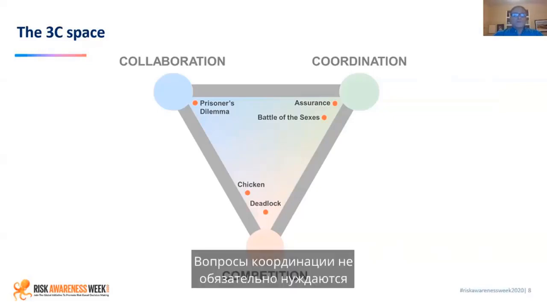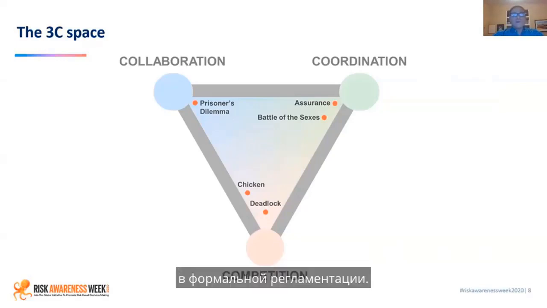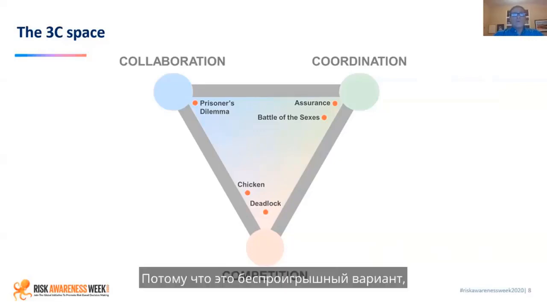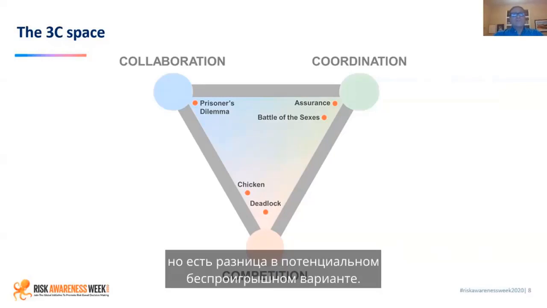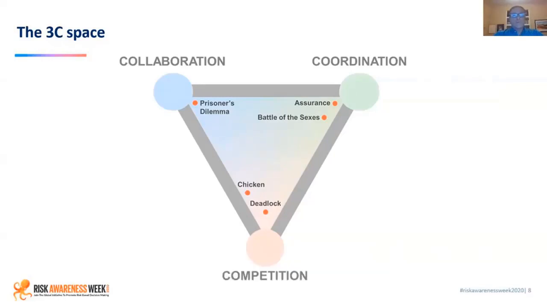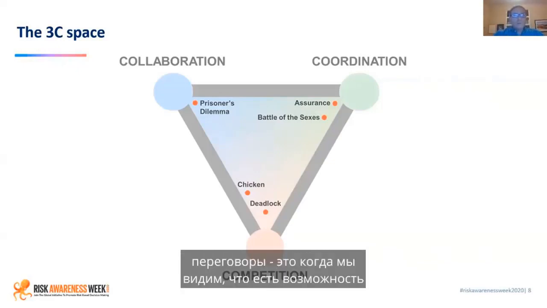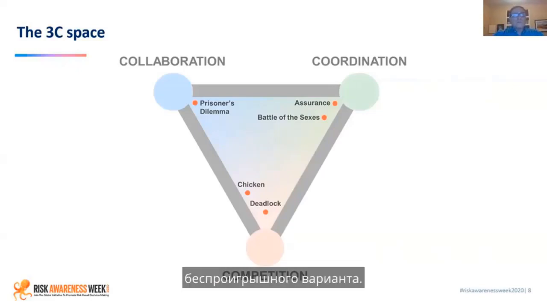Coordination issues don't necessarily need some formal institutionalization, because there's a win-win that's possible. It's just there's a difference over the potential win-win. Now, that's the reason we would go into any sort of negotiation, when we see that there's a potential for a win-win.